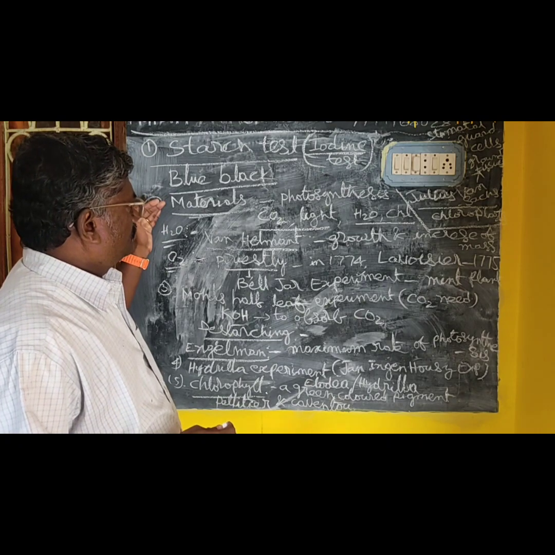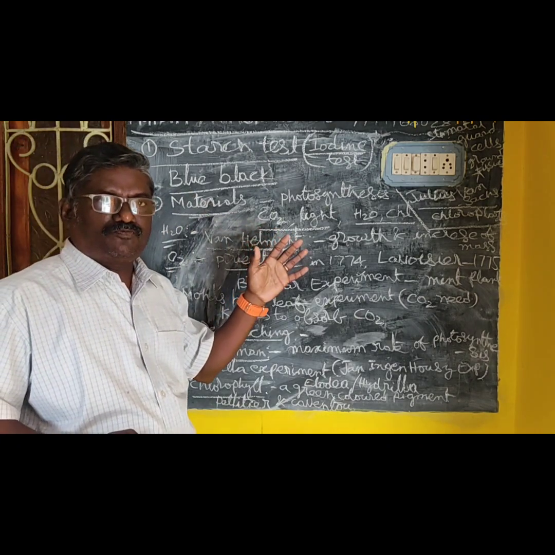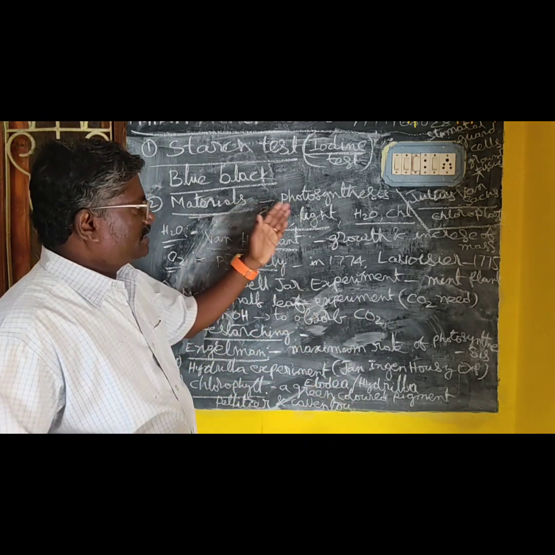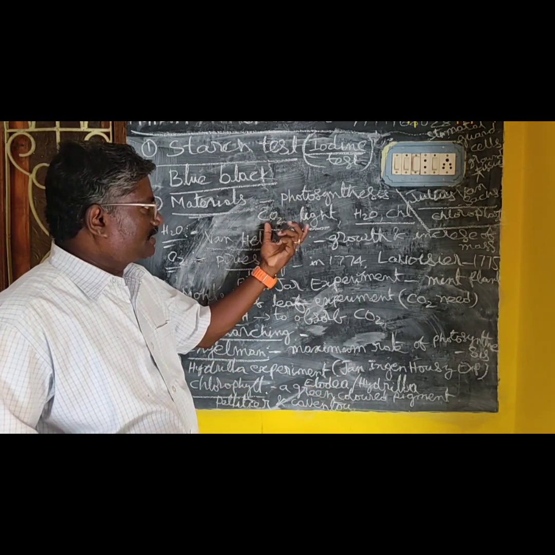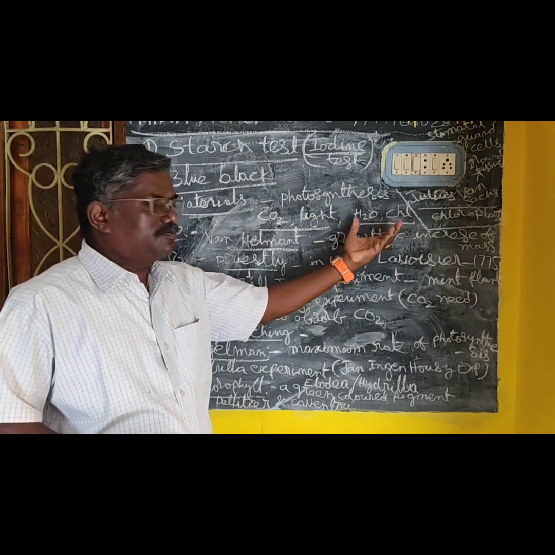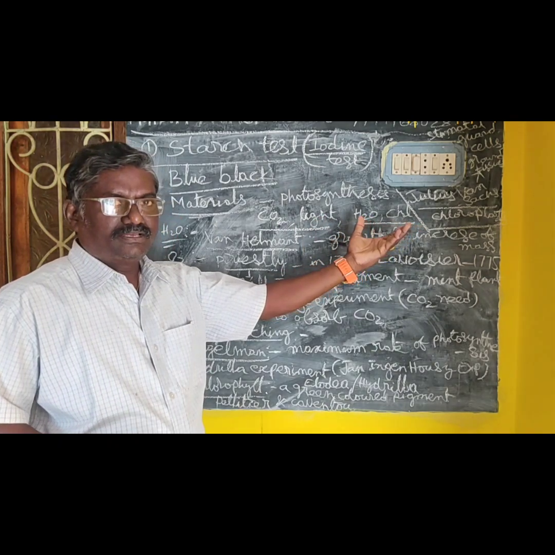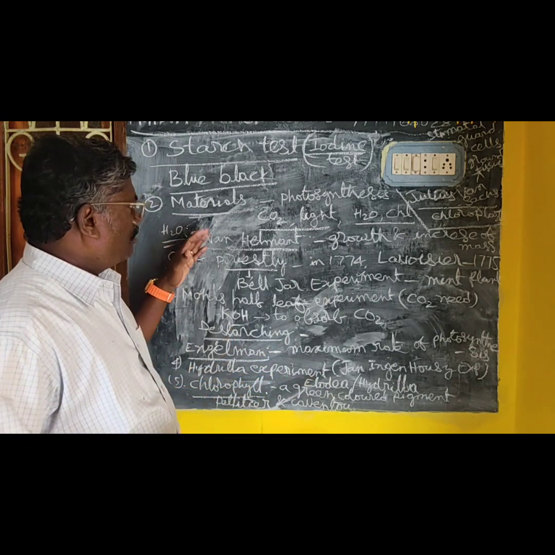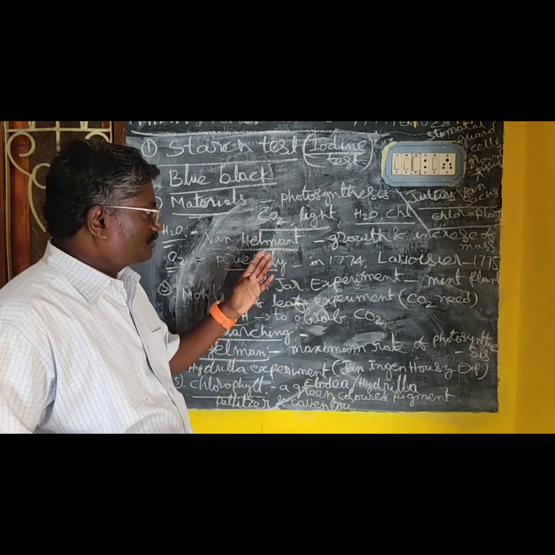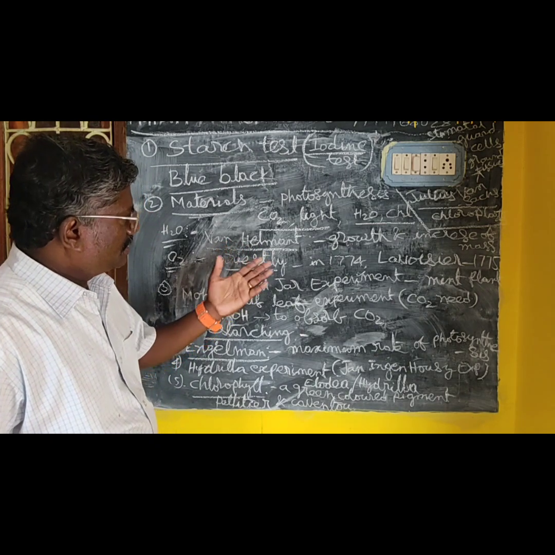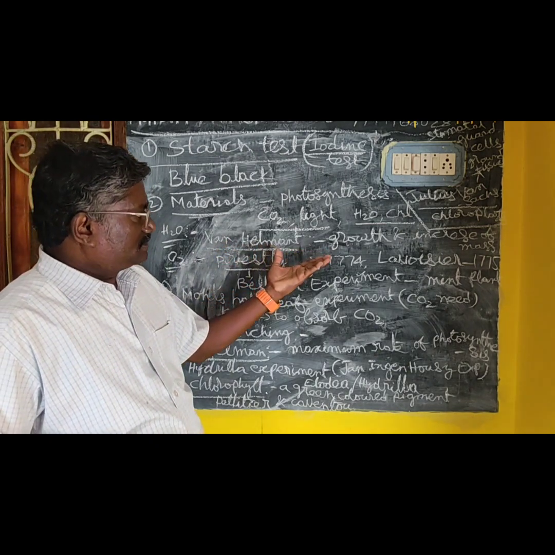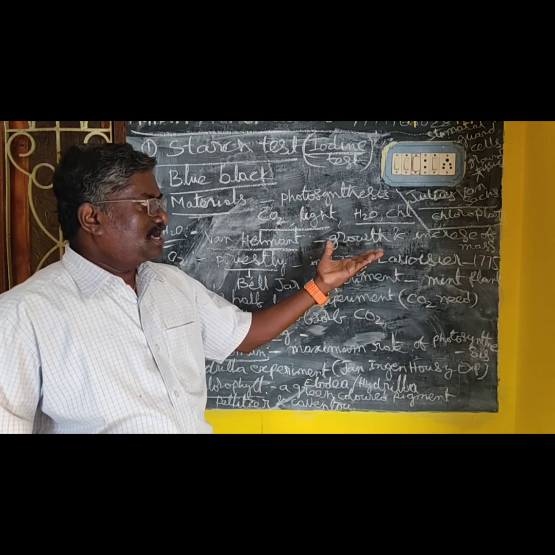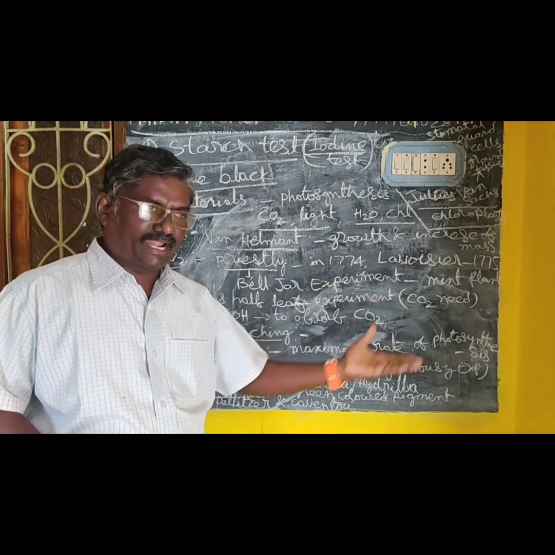The materials needed for photosynthesis: carbon dioxide and light are external factors; H2O and chlorophyll are internal factors. Through his experiments, Van Helmont showed that water is essential for the growth and increase of mass in plants.